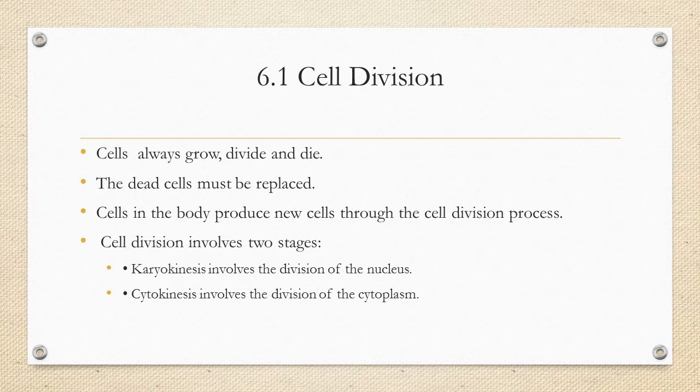First is karyokinesis, which involves the division of the nucleus. Second is cytokinesis, which involves the division of the cytoplasm. So every day our cells produce new cells, maybe to replace dead cells or to recover from injury. This process we call cell division.